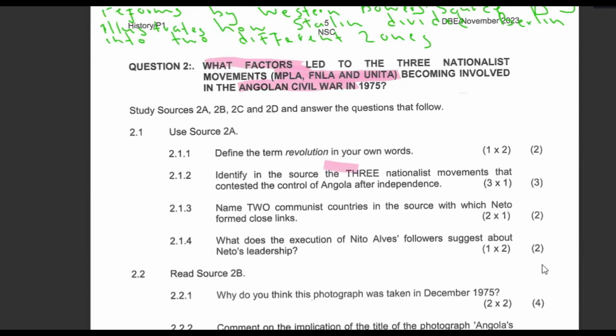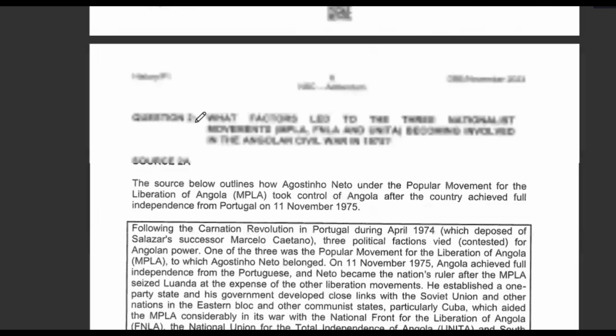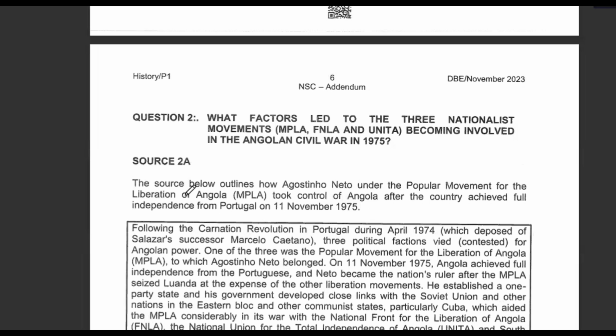So let's quickly look at source 2A. It outlines how Agostinho Neto, under the Popular Movement for the Liberation of Angola, took control of Angola after the country achieved full independence from Portugal on 11 November 1975. Remember, the country achieved independence in 1975.